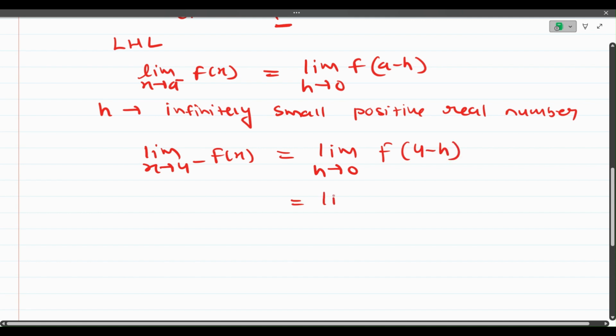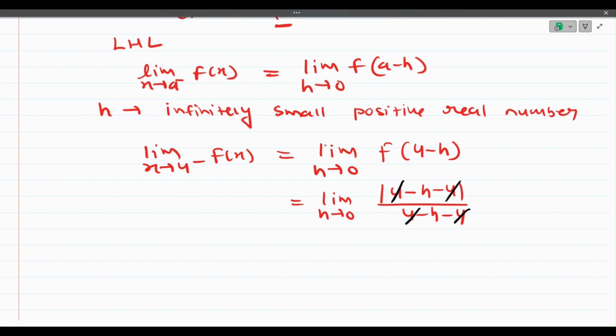So its limit as h tends to 0 is going to be absolute value of 4 minus h minus 4 over 4 minus h minus 4. Here we can cancel out 4 in the numerator and the denominator. So it's going to be limit h tends to 0, absolute value of negative h over negative h.